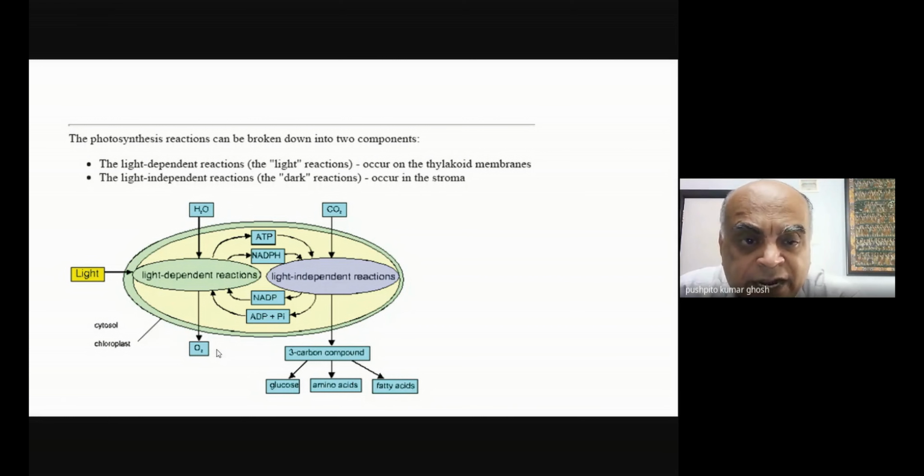Similarly, even when the plant is breaking up water and forming oxygen, it's a light dependent reaction because it's an uphill reaction. It's thermodynamically unfavorable. It is possible only because of the input energy from light.